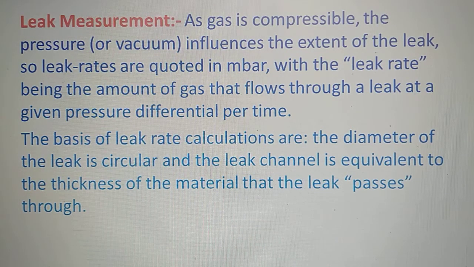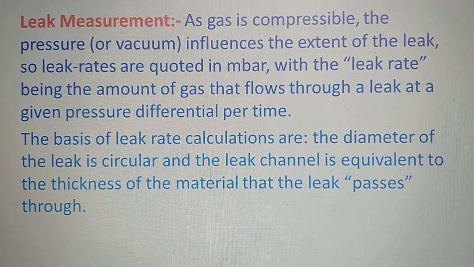Why? Because gas is compressible, so the leak can increase. Leak rates are quoted in millibars, with the leak rate being the amount of gas that flows through a leak at a given pressure difference per time.